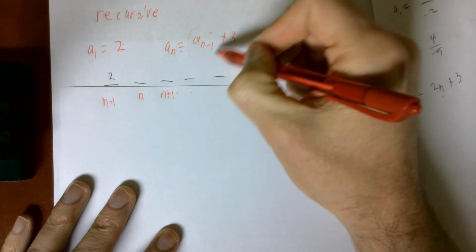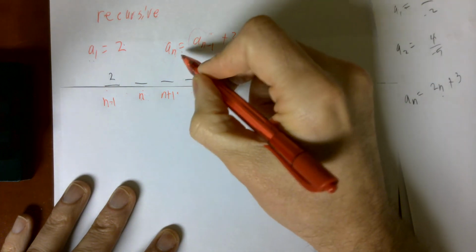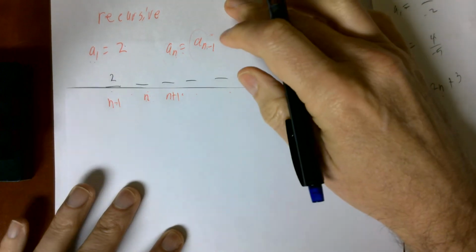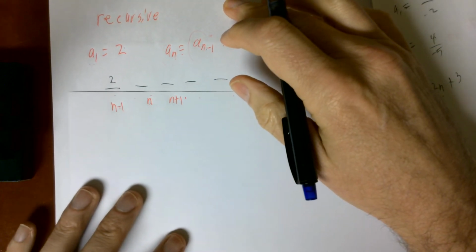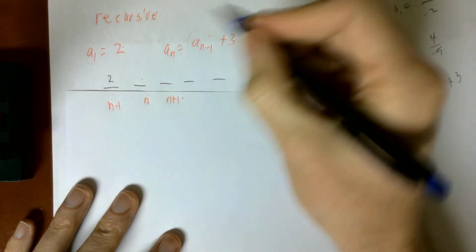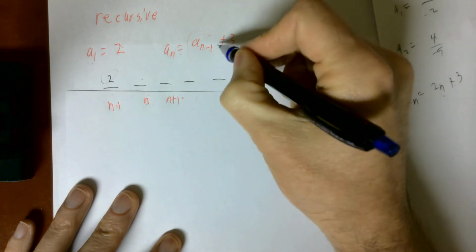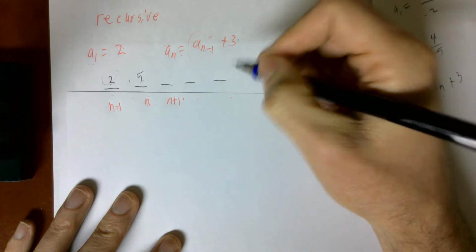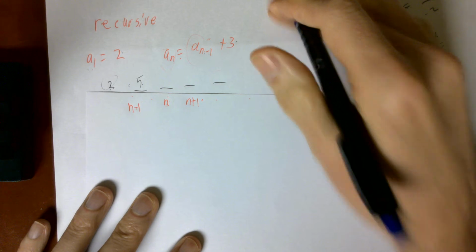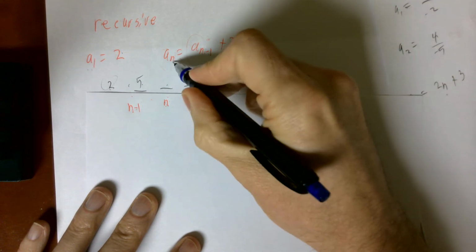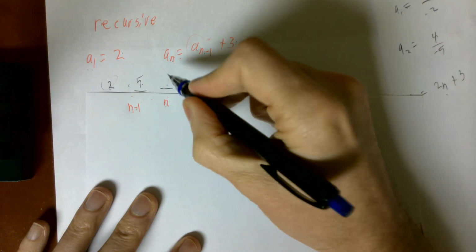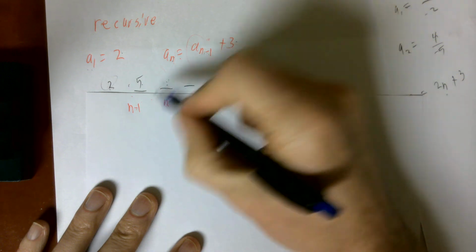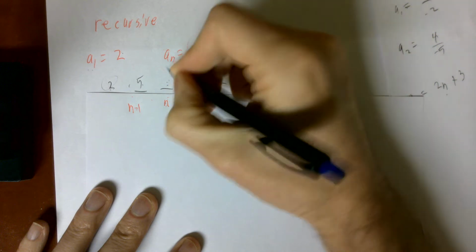So the way I find this term is take the previous term and add 3 to it. So if I do 2 plus 3, that's going to give me 5. Now if I want to find this position, a sub n, that's equal to this position plus 3.